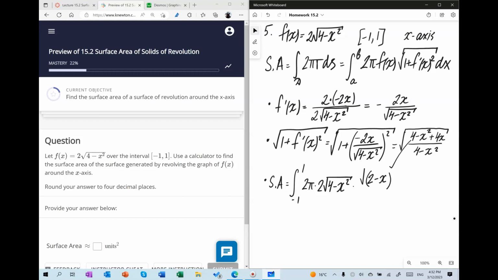So I'm just simplifying this expression here. And it seems like things cancel out nicely here. So this cancels, this cancels.